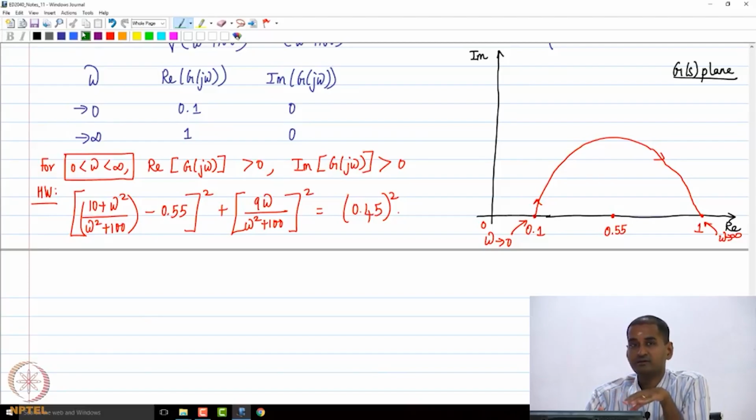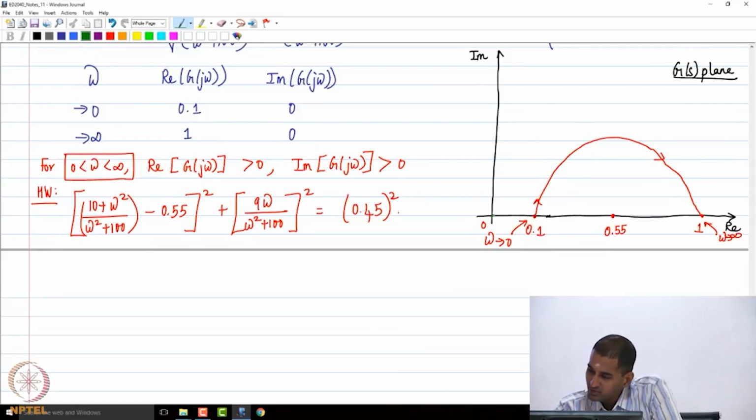At any omega, you draw a vector from the origin to that point, and then calculate the angle made by that vector from the positive real axis in the counterclockwise direction, which is taken to be positive. To figure out the maximum angle, I need to draw the tangent from the origin to the semicircle.